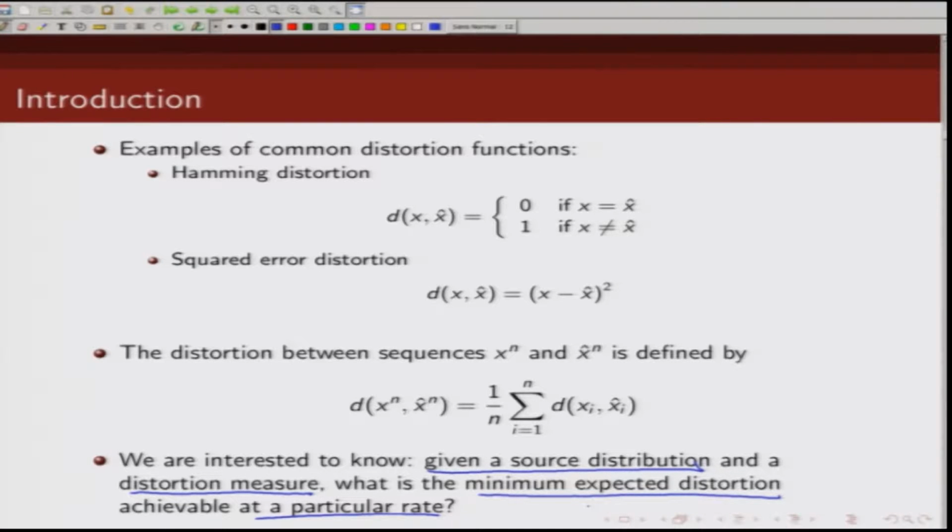We can ask this question in a different way also. Given a source distribution, a distortion measure, and an average distortion criterion, we are interested in knowing the minimum rate that is achievable.